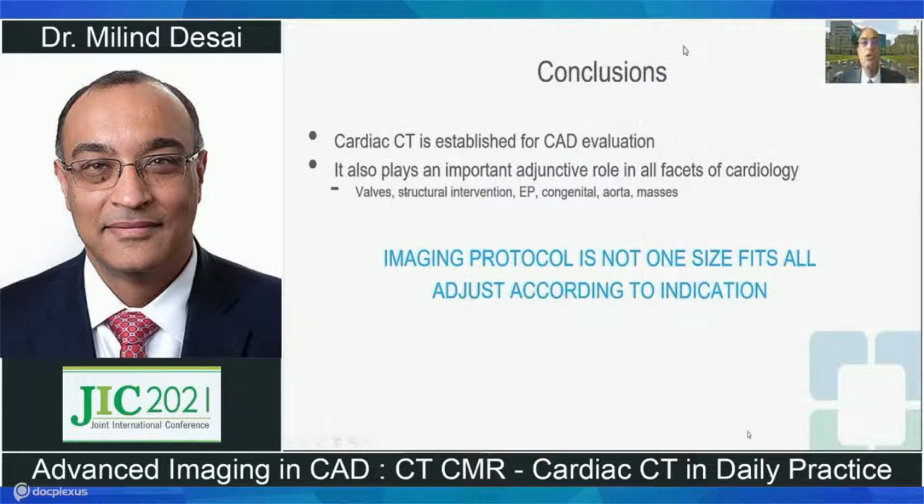Having said that, it also plays a very important adjunctive role in all other facets of cardiovascular medicine, including valve disease, structural intervention planning, cardiac reoperation planning, electrophysiology, congenital, cardiac masses, pericardial, as well as aortic disease. But it remains important to recognize that it is not a one-size-fits-all imaging protocol. You have to tailor the imaging protocol according to a given indication.